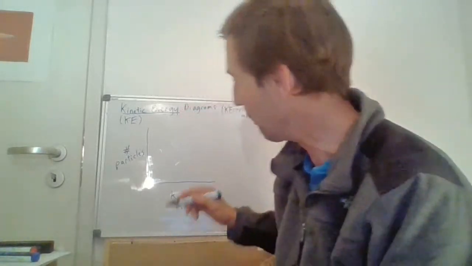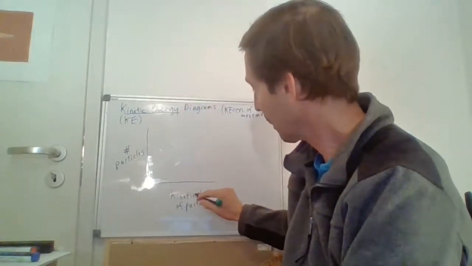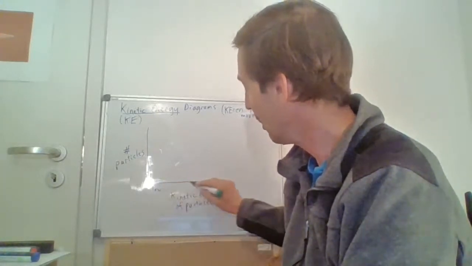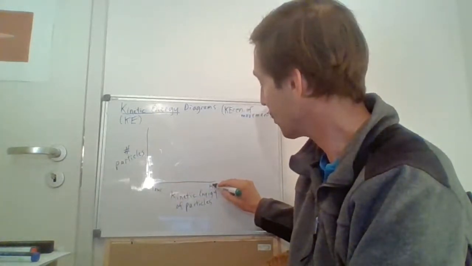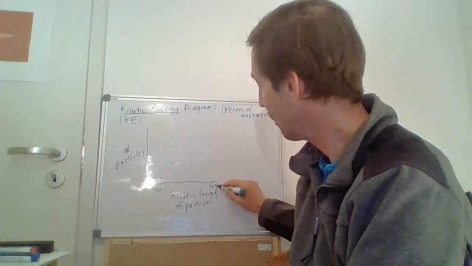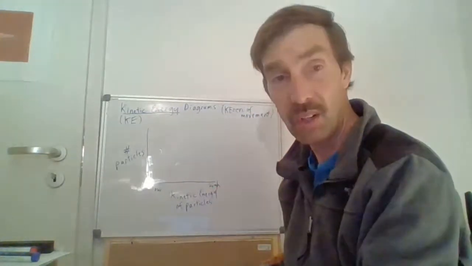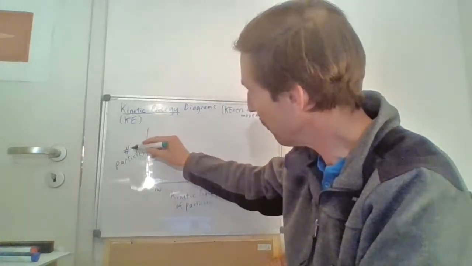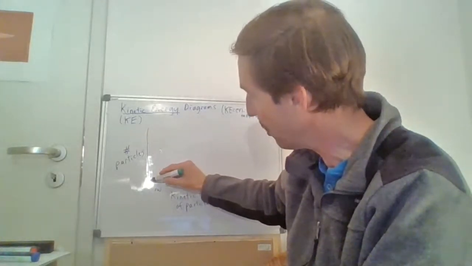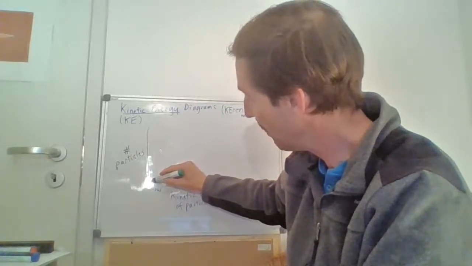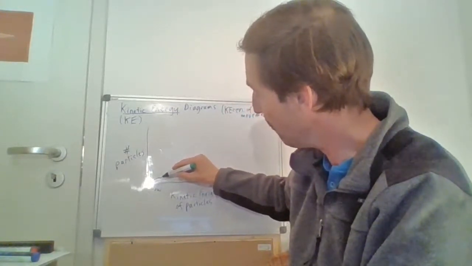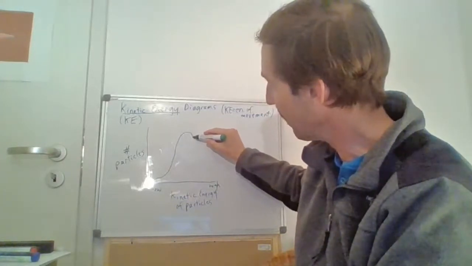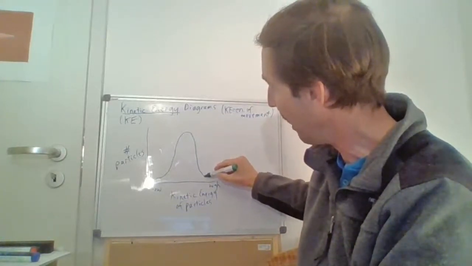So let's draw that. So kinetic energy. I've got low kinetic energy here. I've got high at this end. I've got a few molecules that have low kinetic energy. I've got more that have energy in the middle, a lot of those, and then I've got some that have high energy.